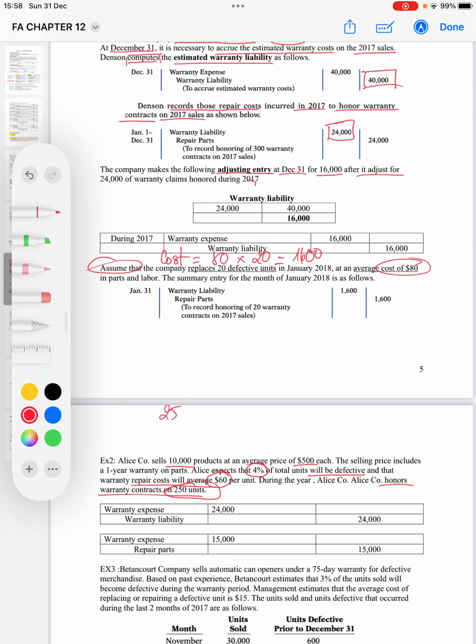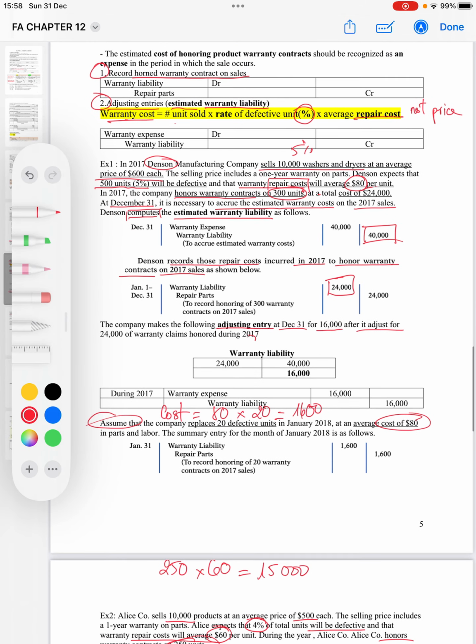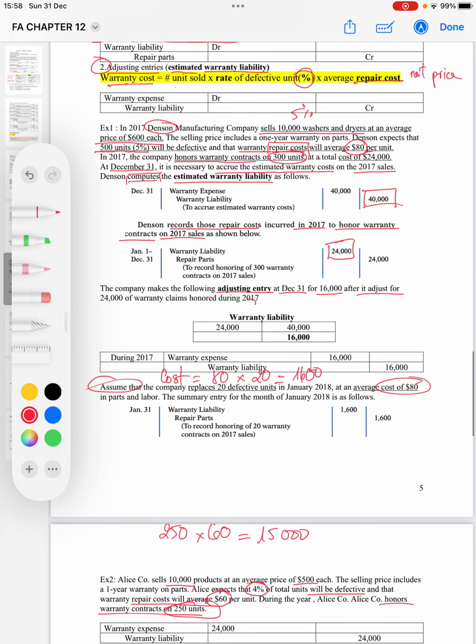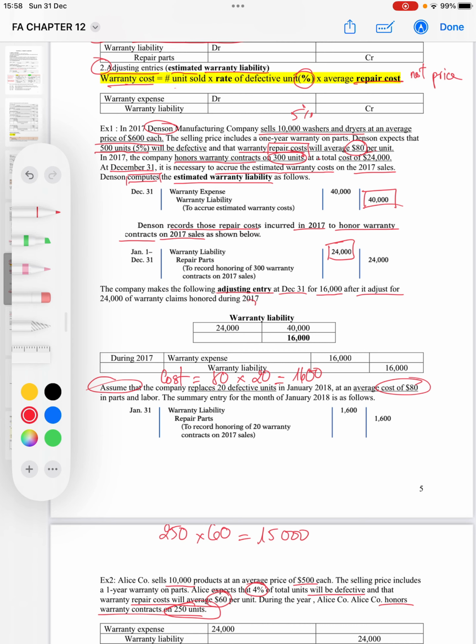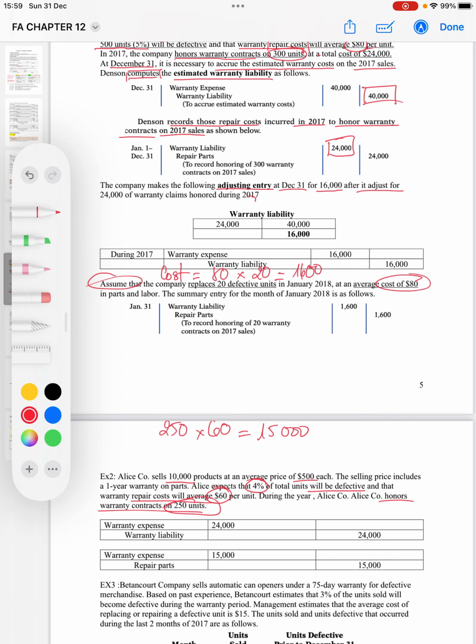So you will use 250 multiplied by the repair cost of 50. The amount that you will get is 15,000. Because they said honor, we're doing the honor: warranty liability debit, and repair parts credit, with the amount of 15,000.